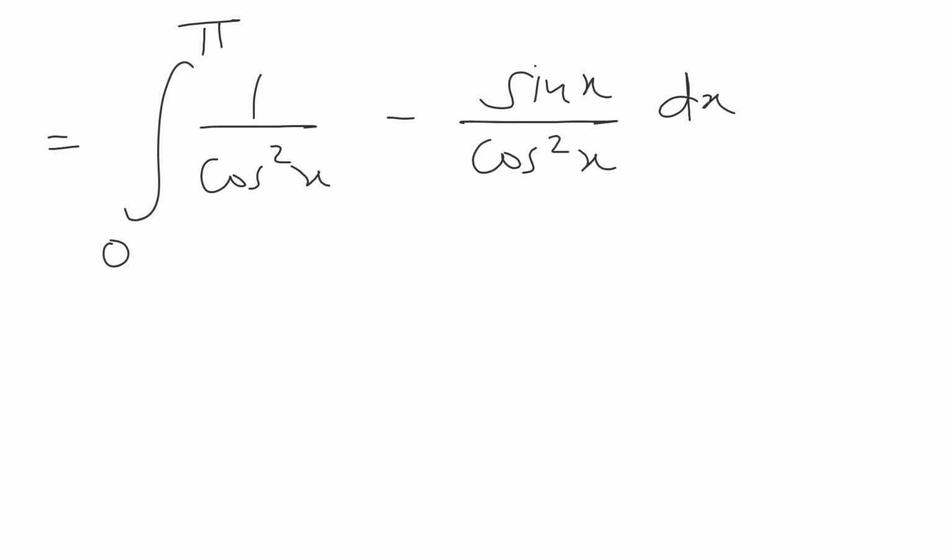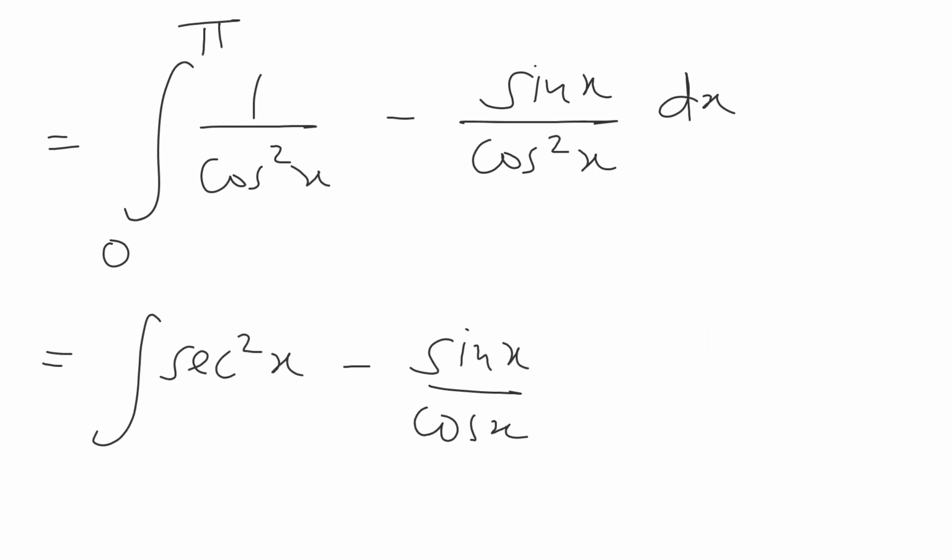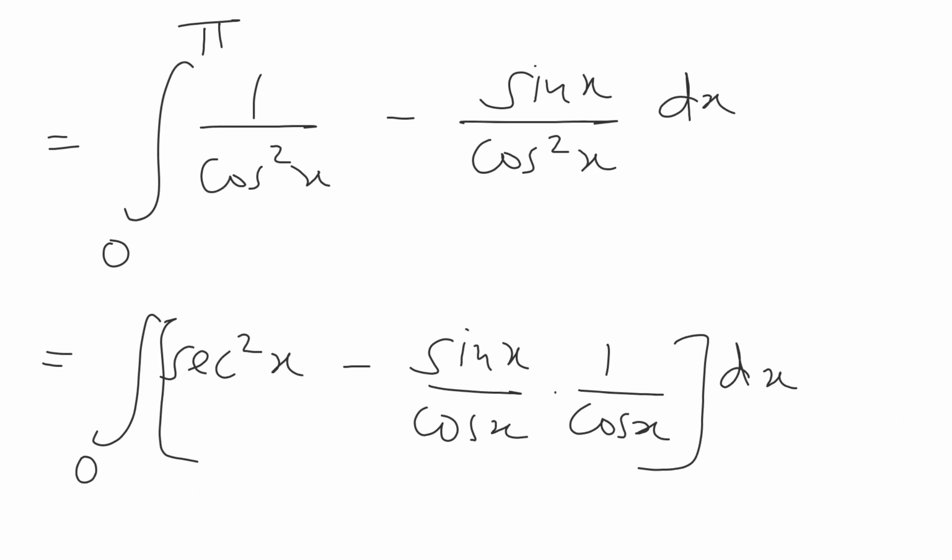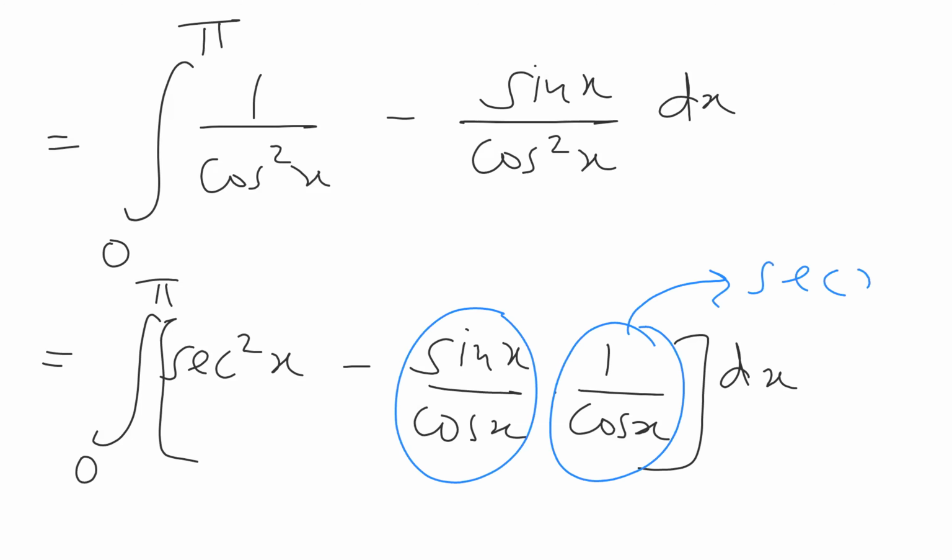So this is sec square x minus, rearrange this, sec x and tan x. While writing I'll write it as sec x tan x.